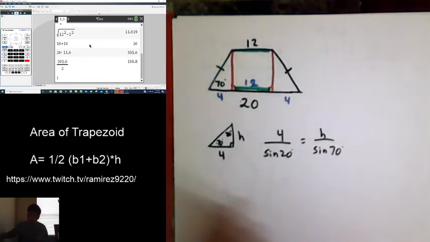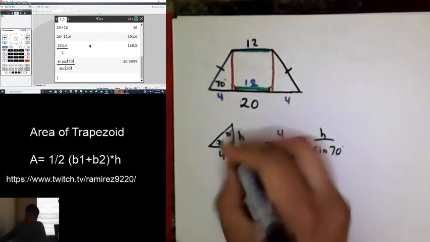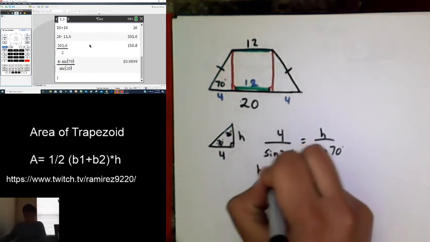Again, if you have questions as to how I set that up, just go look at the law of sines video. So when I substitute and I cross multiply and all that good stuff here, it's 4 times the sine of 70. And then basically then I have to divide it by the sine of 20. So my height is 10.98.